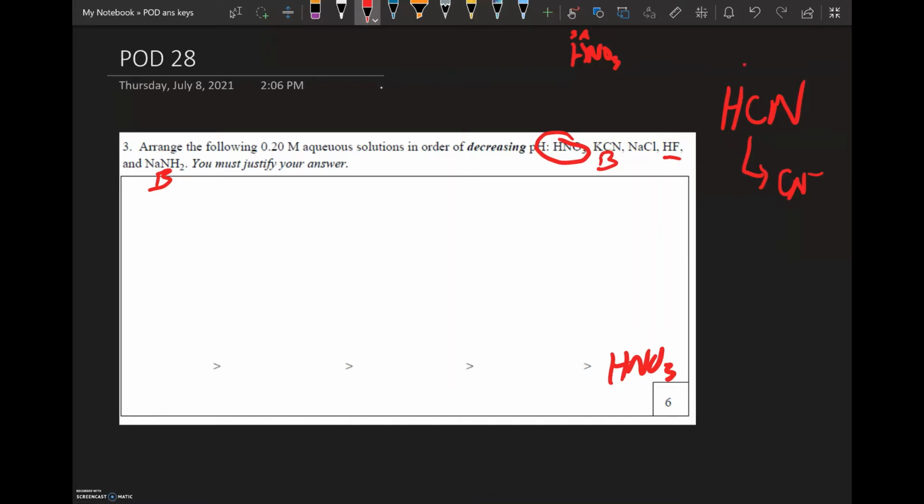And so HCN is a weak acid, which means that the conjugate base cyanide is going to be a strong conjugate base. And the potassium ion is actually a neutral ion, so that doesn't matter. It's the cyanide group that makes the difference there. And so, as we get into that, that's important to understand.